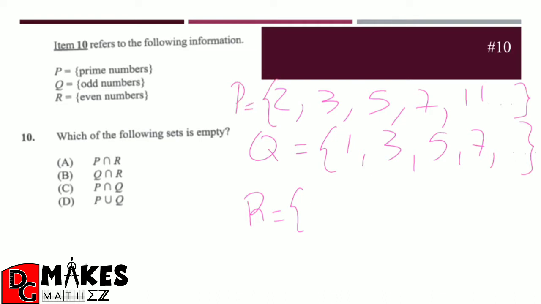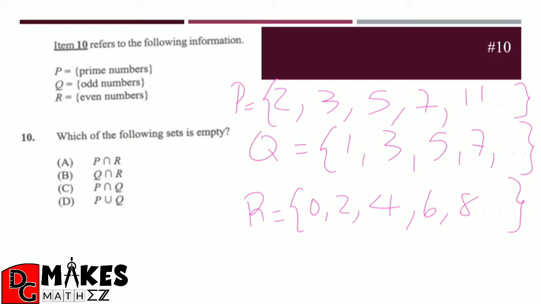And for the even numbers R, by the way, there is a debate sometimes whether 0 is an even number or not, but yeah. So here we go, 6, 8, 10, and so on. So we have all the sets listed out.